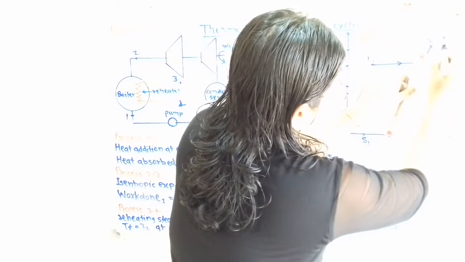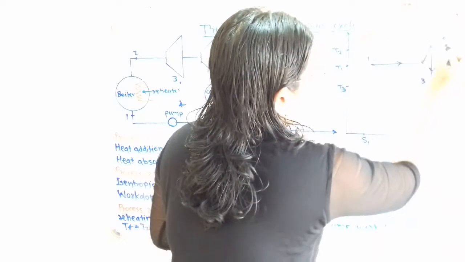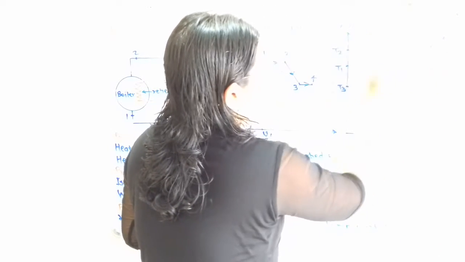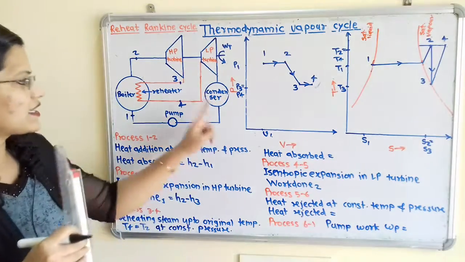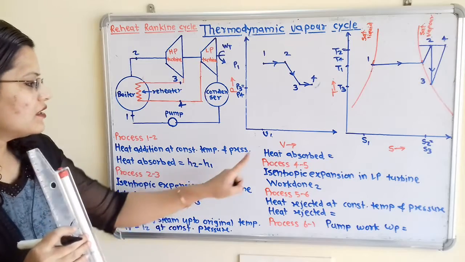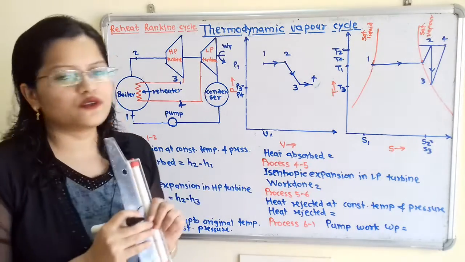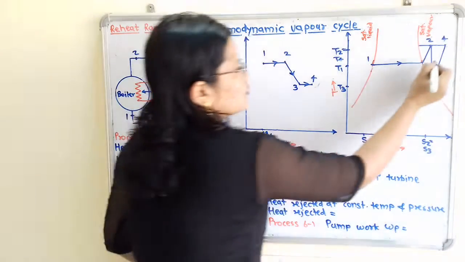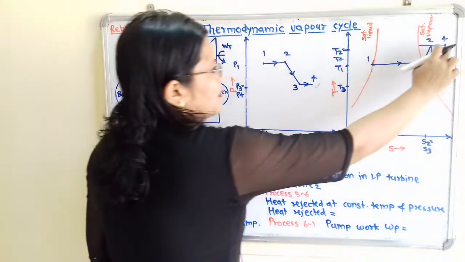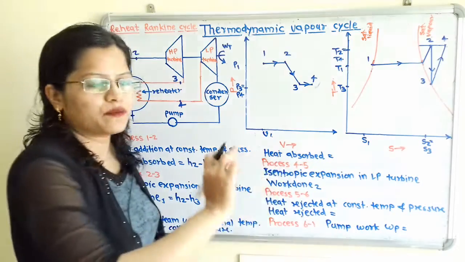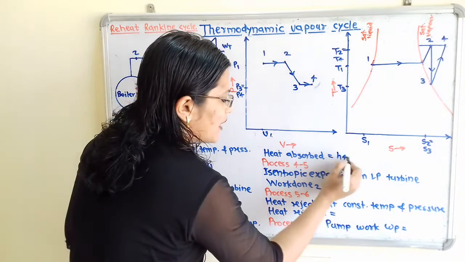I will join this line. Now if we observe, T2 is equal to T4. So all the conditions are getting satisfied. So what is the heat absorbed during this process? So heat absorbed is nothing but the change in enthalpy. So enthalpy at point 4 minus enthalpy at point 3. So H4 minus H3.